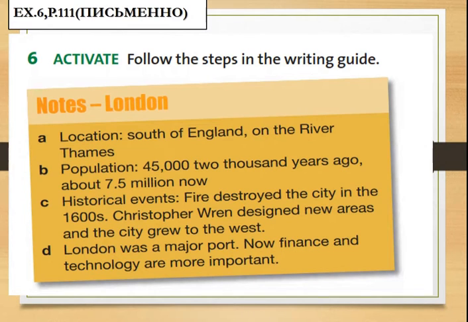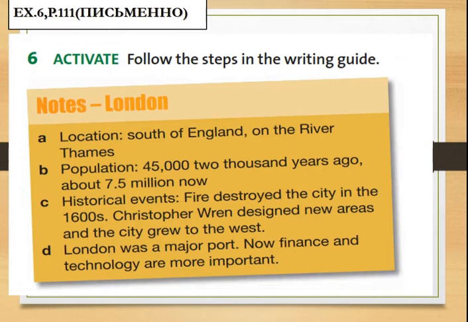Exercise number 6 at page 111. Activate. Follow the steps in the writing guide. Notes. London. Location, population, historical events. London was a major port. Now finance and technology are more important. В этом задании вам нужно будет записать в своей тетради статью о городе с историческими фактами.